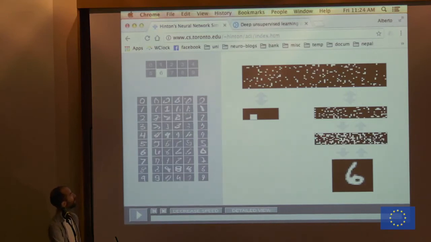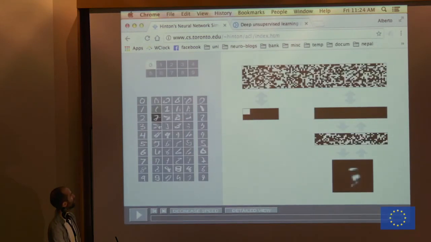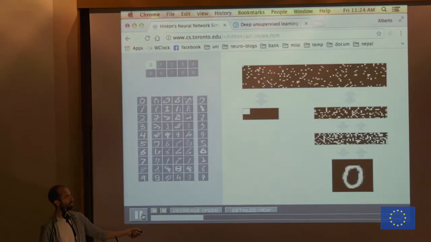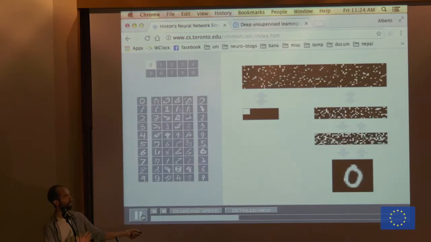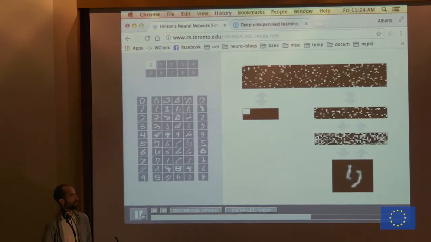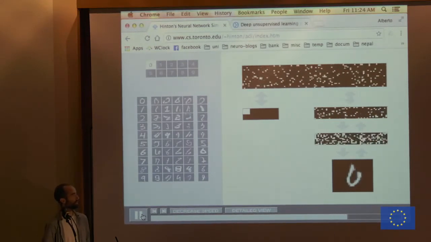I can ask to generate, maybe, a pattern from class 0. You see at the beginning it's completely noisy, but then after sampling, it's converging to a good shape of a pattern 0. Not always good.